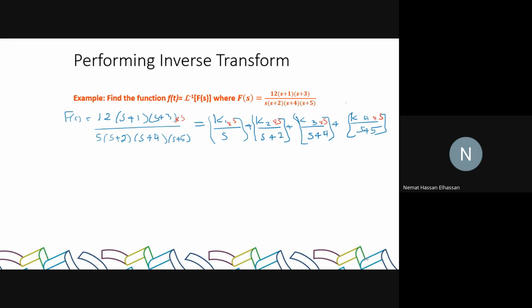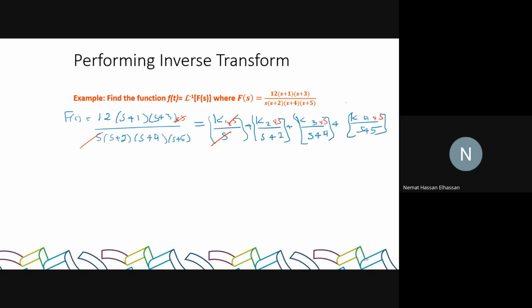So I'm going to choose the one value that will help me get rid of my other unknowns. What value of S will help you get rid of K2, K3, and K4? Keep in mind that these two cancel each other out. What do I have left? And these two cancel each other out.